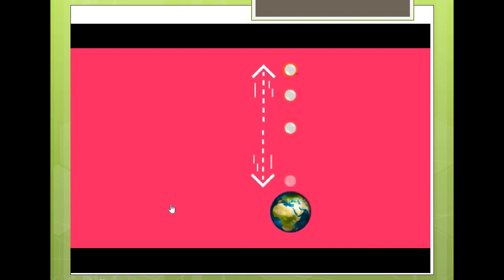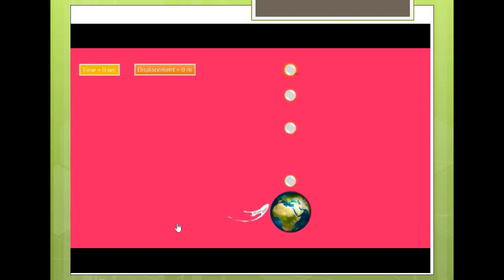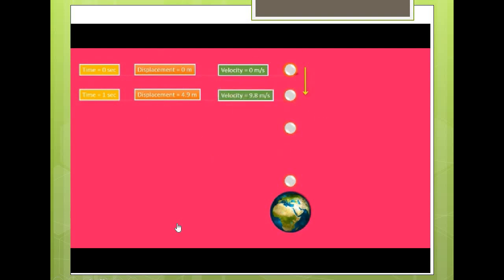Now let's consider that a body falls towards Earth. If I trace its motion path, I come to this conclusion that in time 0 second, the displacement of this body is 0. Hence its velocity is also 0. In time 1 second, its displacement becomes 4.9 meter. Hence its velocity is 9.8 meter per second.